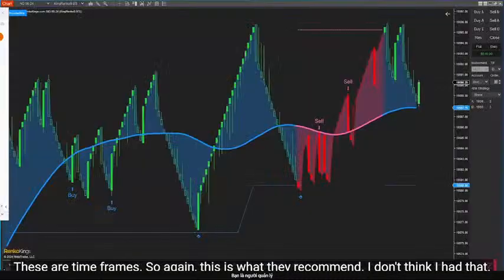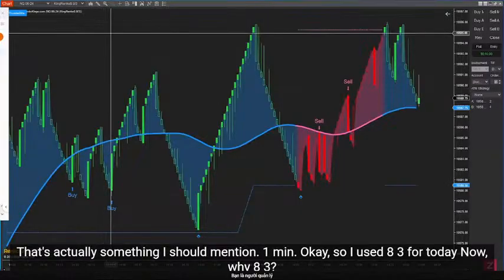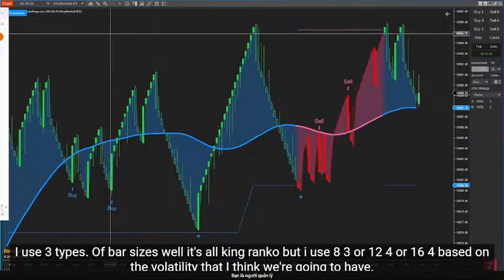1 minute. Okay, so I used 8.3 for today. Now, why 8.3? I use 3 types of bar sizes. Well, it's all Kagi Renko, but I use 8.3 or 12.4 or 16.4 based on the volatility that I think we're going to have.